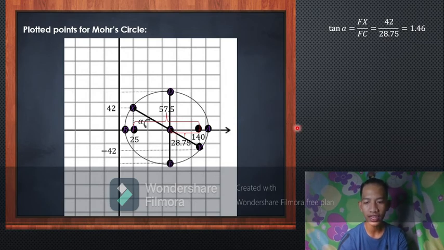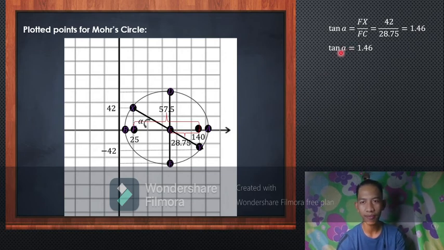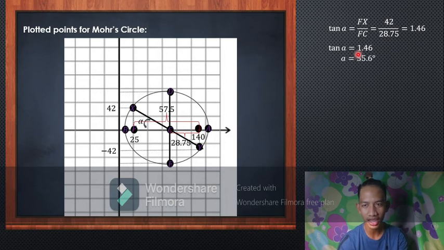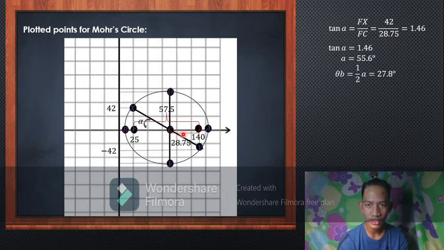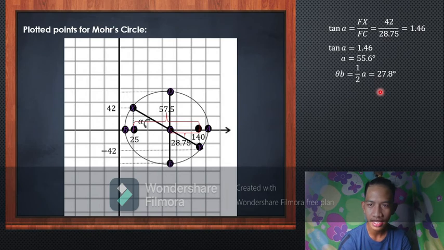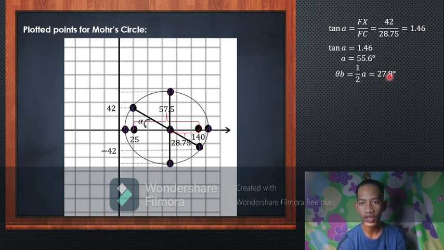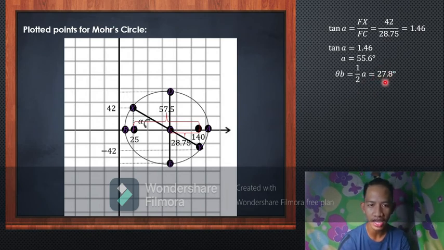By calculating it, we get tangent of 2 theta A equal to 1.46. Then, by eliminating the tangent, we solve its inverse tangent. So we get 2 theta A equal to 55.6 degrees. Then, we solve for theta B. Theta B is equal to 1/2 of that, which is 27.8 degrees.